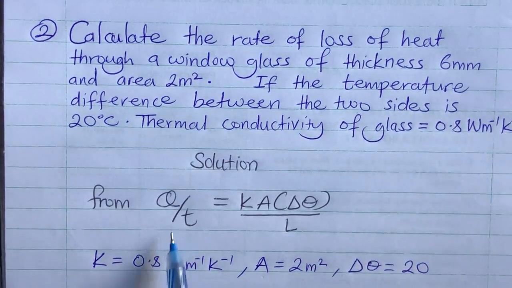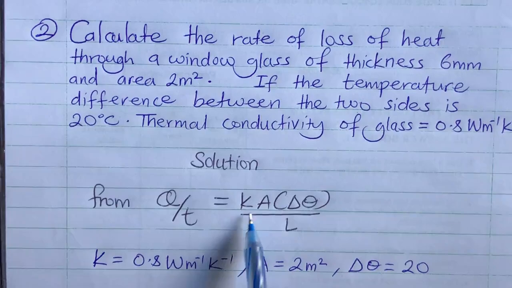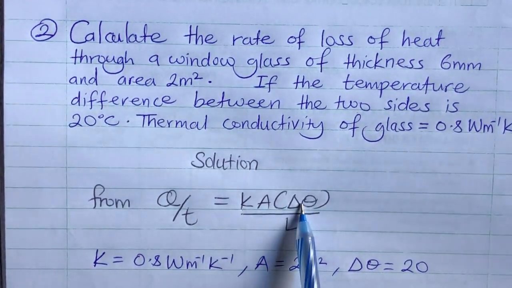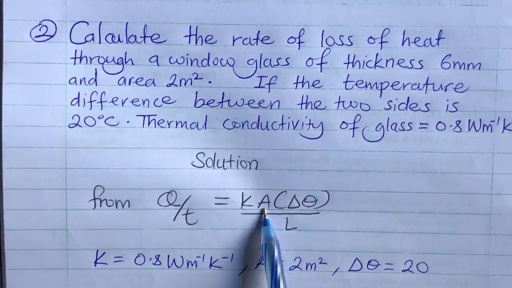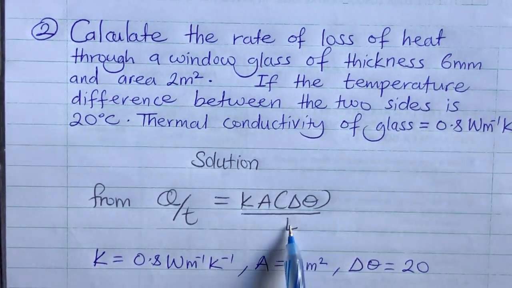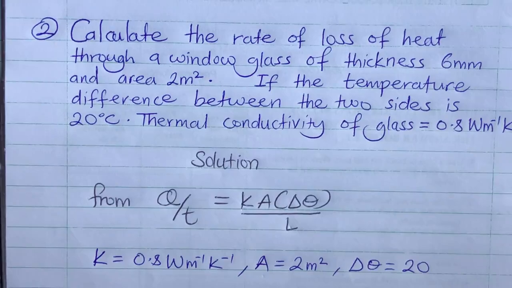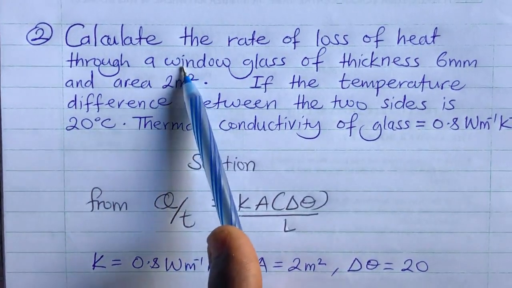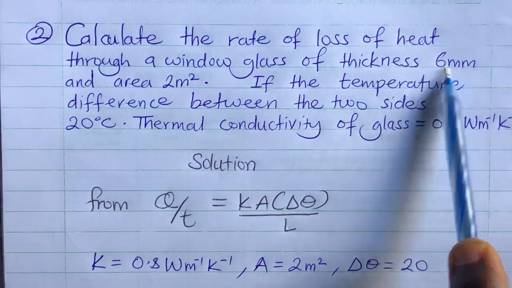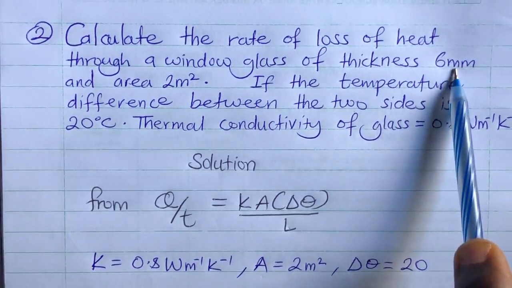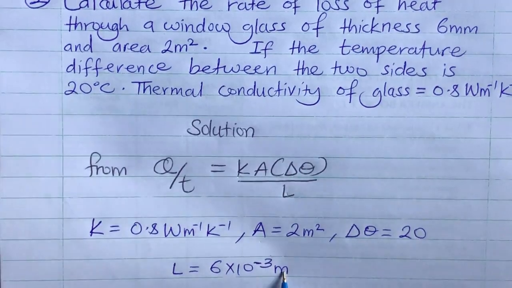So from our general equation, that is the equation of the rate of heat flow, which is K A into temperature difference over L, where K is thermoconductivity, A is cross-sectional area, and this is the temperature difference over the thickness or length. If we summarize our information, we are given the thickness L as 6 millimeters, but we shall always convert from the given unit to the SI unit, which is 6 exponent -3 meters.